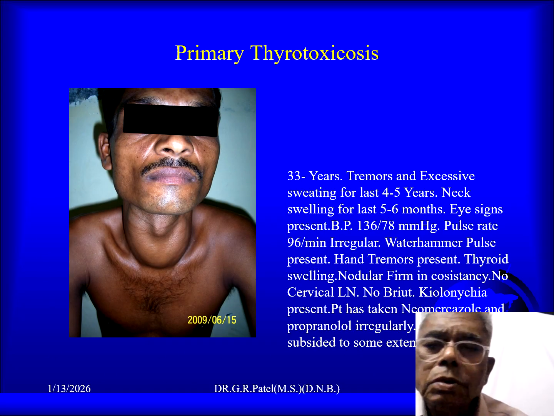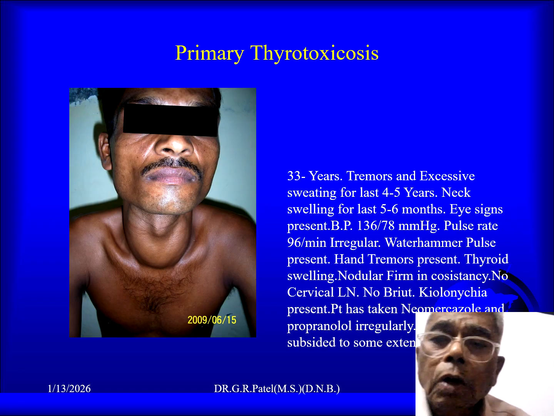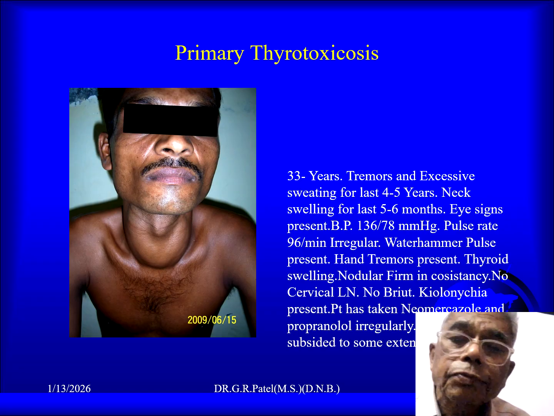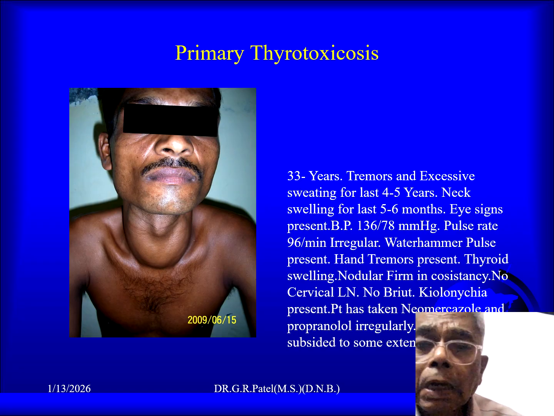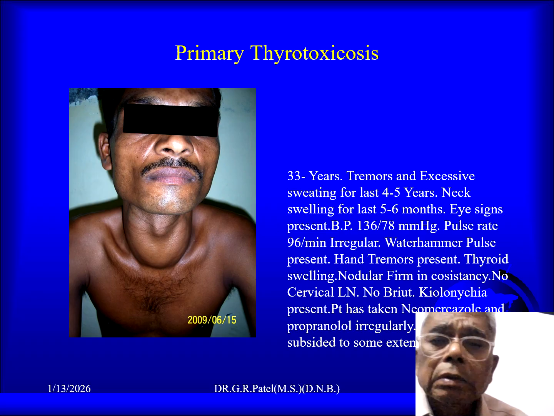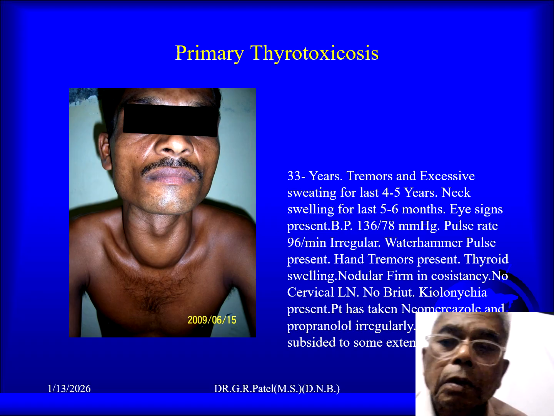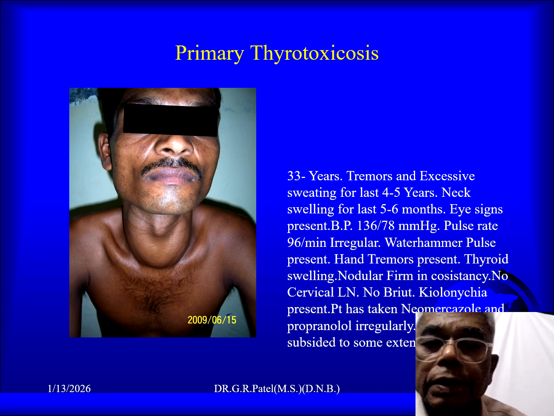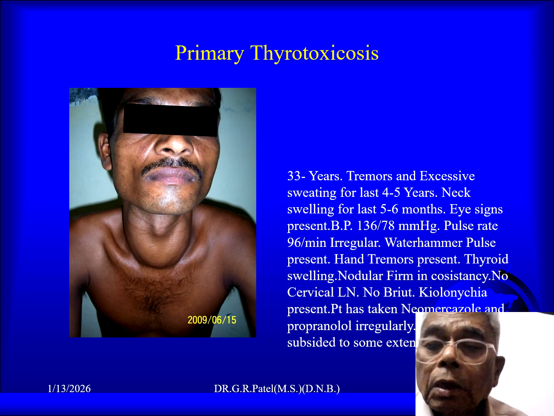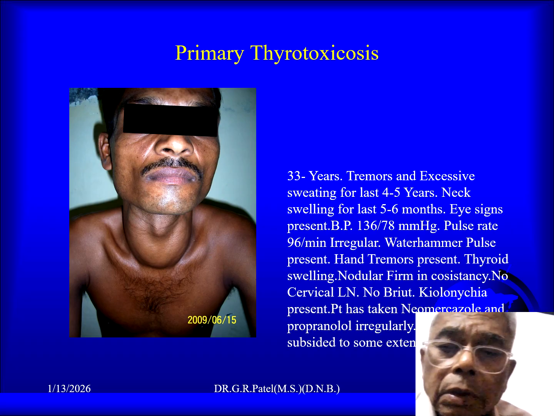33 years, tremors and excessive sweating for last 4 to 5 years, neck swelling for last 5 to 6 months, eye signs present, BP 136/78, pulse rate 96 per minute, irregular, water hammer pulse is present, hand tremors are present. Thyroid swelling nodular, firm consistency, no cervical lymph nodes, no bruit.